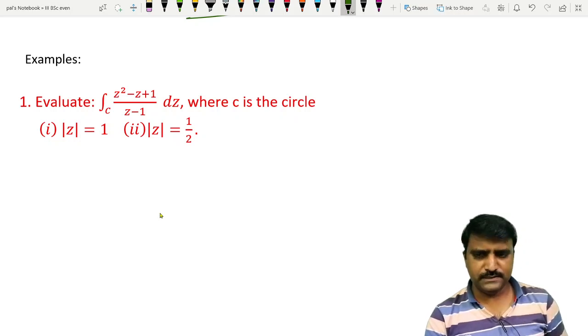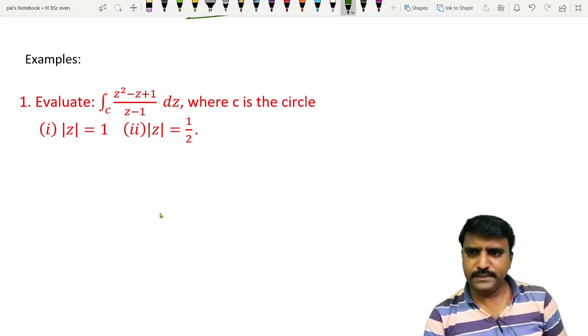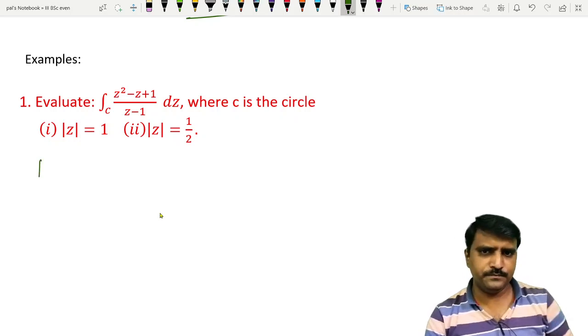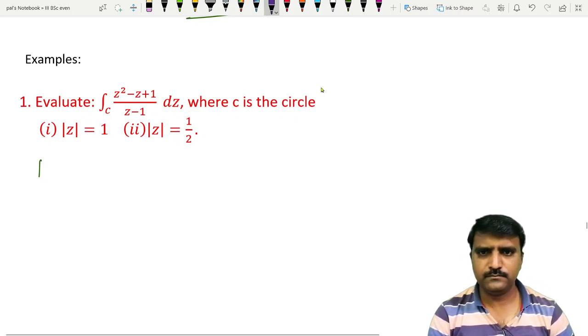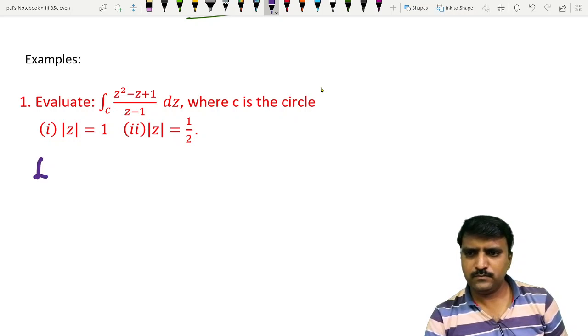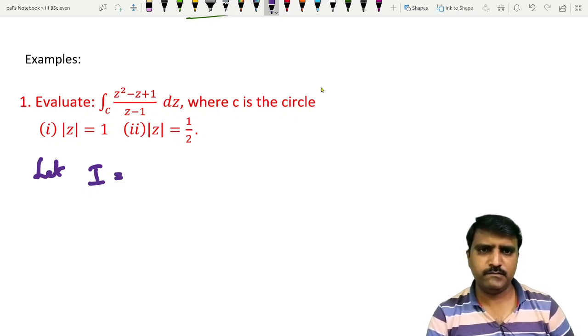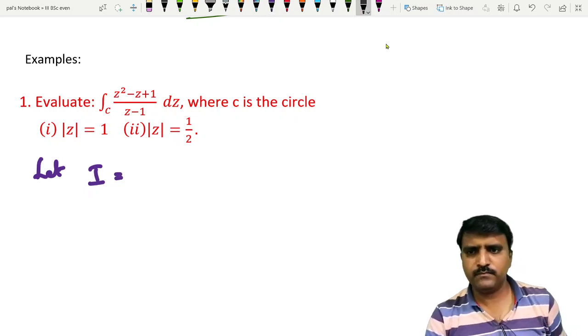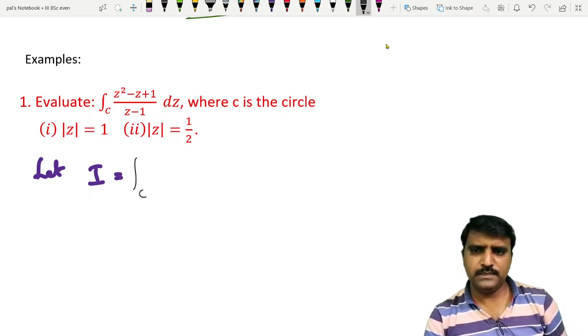In both cases we have to discuss this problem. So let I be the integral over c of z square minus z plus 1 divided by z minus 1 into dz.